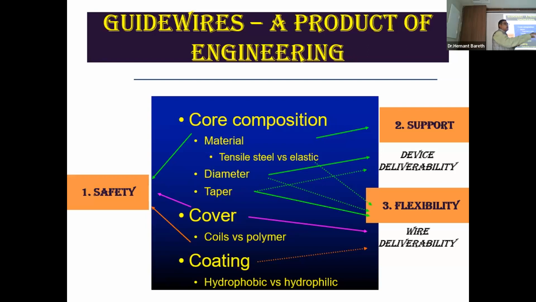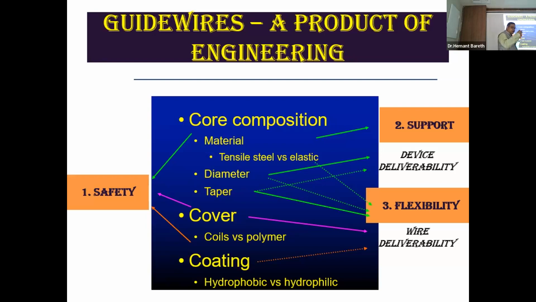If you are going to put a balloon over that wire, a stent over that wire, an imaging catheter over that wire, a rota over that wire, everything requires support. So if the material is tensile, if the diameter is more, support will be more. But what you lose is flexibility. So it will be difficult to pass in some side branches if you have a very thick material.